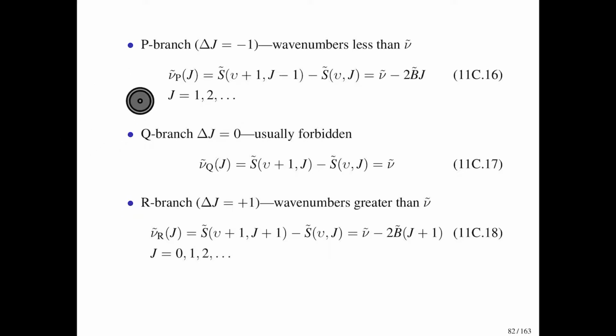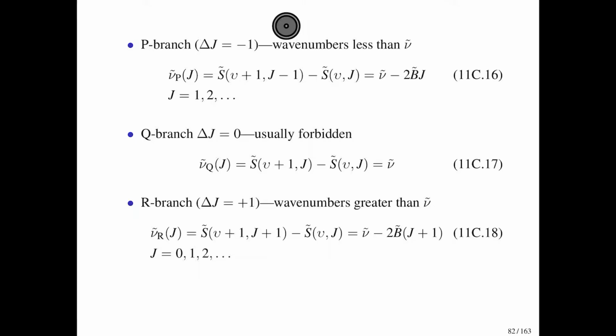Here is the calculation of the observed frequencies. The P branch involves a lowering of the rigid rotor's quantum number, so for the P branch, delta J equals -1.